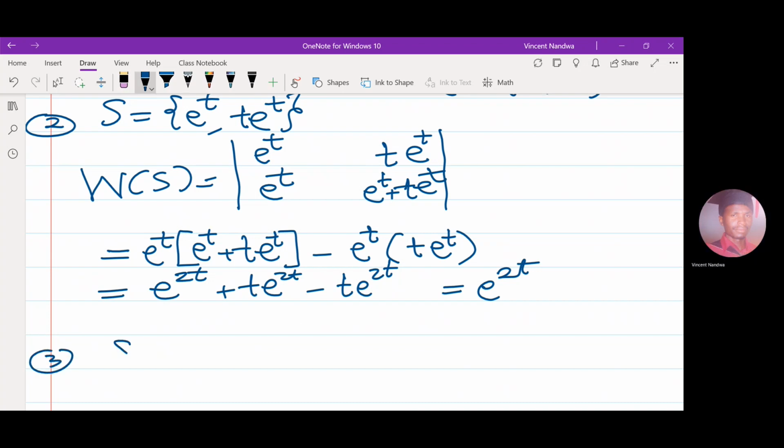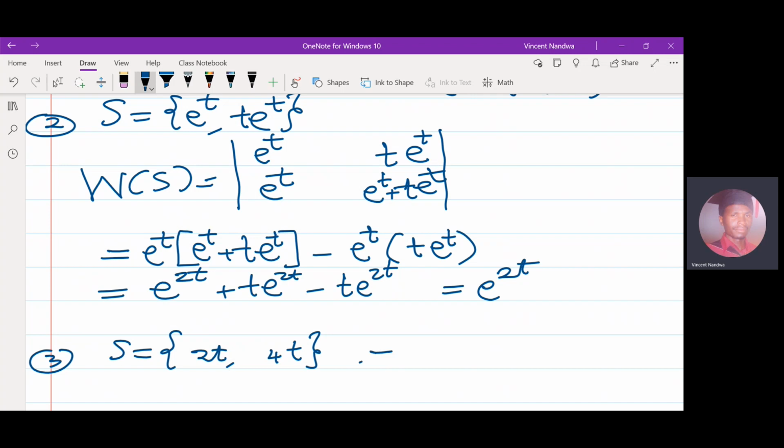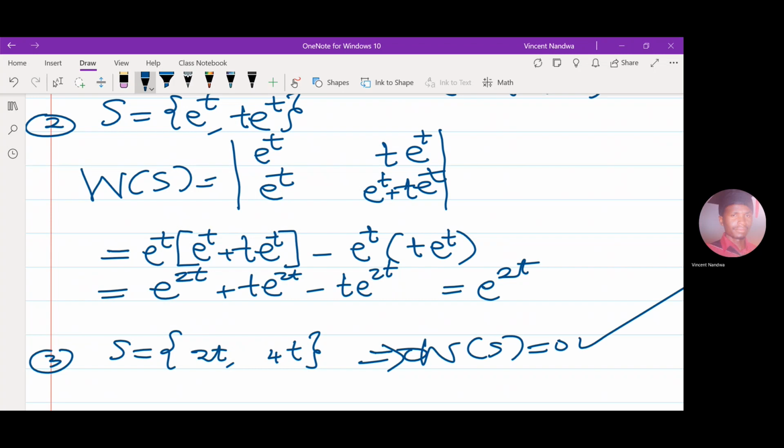Number 3, what will be the Wronskian of these two functions, 2t and 4t? Zero. So you should check that the Wronskian of S is 0, correct?